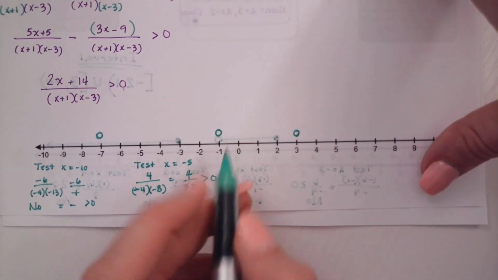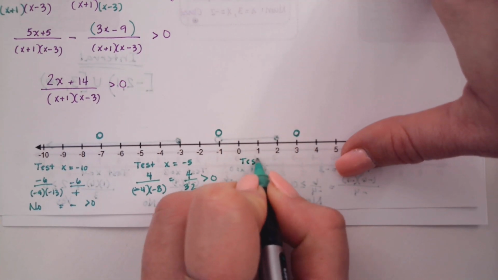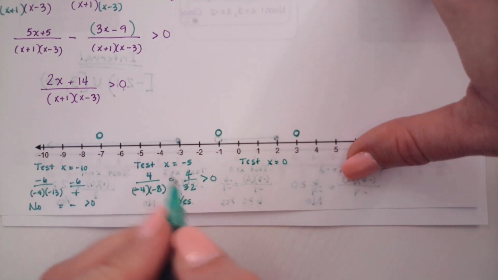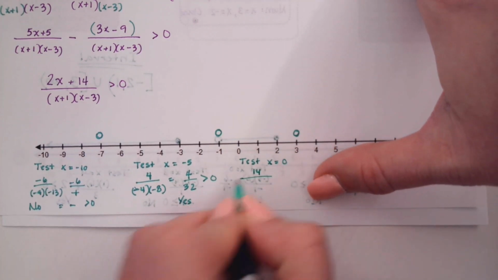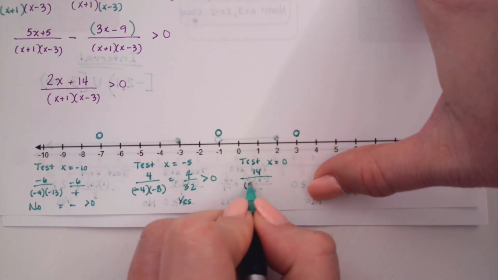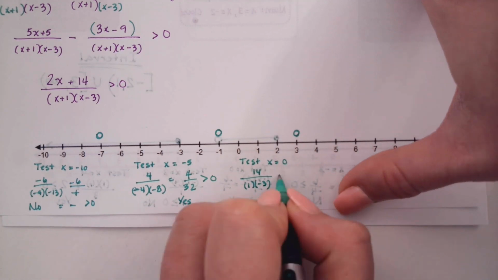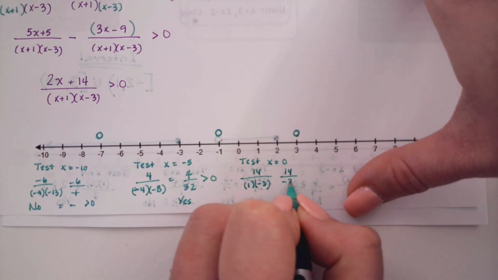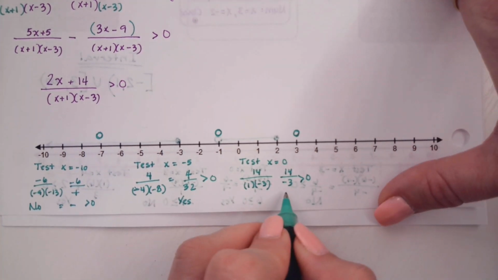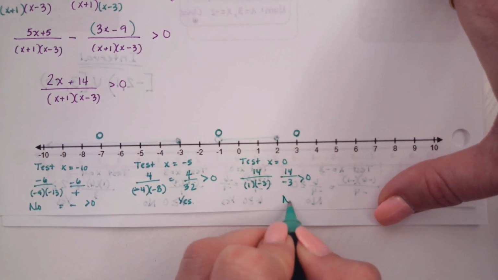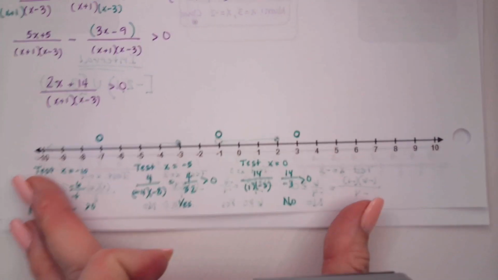In between negative 1 and 3, 0 works. On the top we'll have 2 times 0 plus 14, which is 14. On the bottom we'll have a 1 times a negative 3. So that's 14 over negative 3, which is a negative number. Is that greater than 0? No. Negative numbers are not greater than 0.